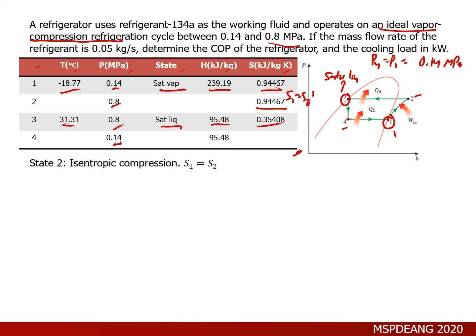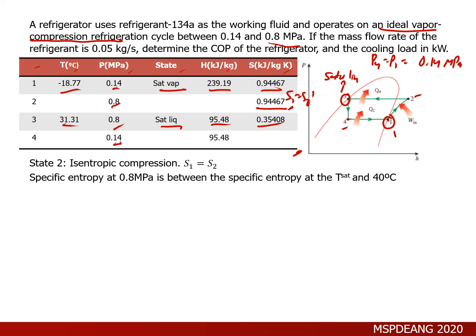Okay, so unahin natin si state 2. So state 2 is an isentropic compression from state 1 to state 2. So S1 is equal to S2 prime. Okay, and you can now hanapin mo ngayon 0.8 MPa kung ano yung temperature and enthalpy magko-correspond with this particular specific entropy.